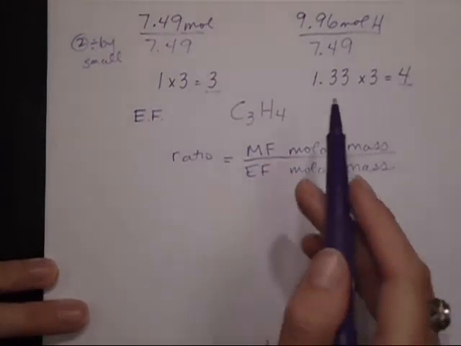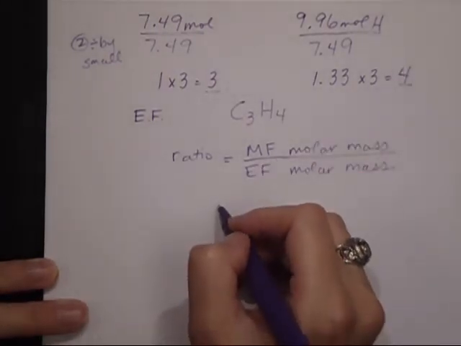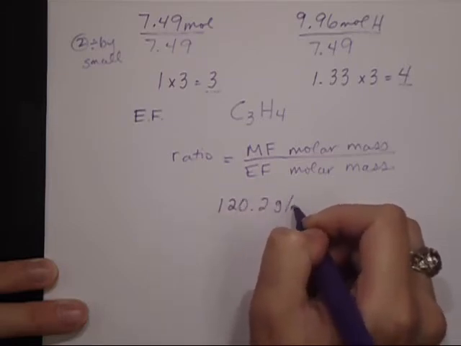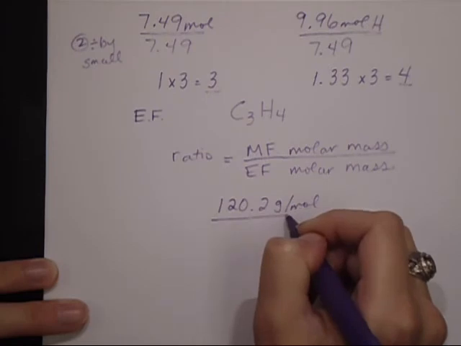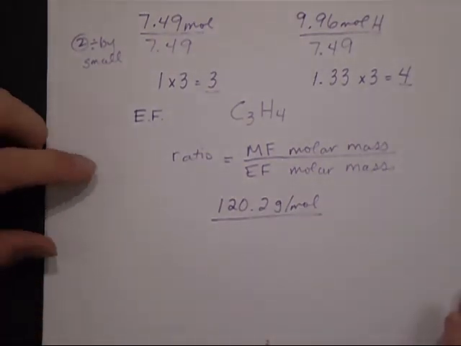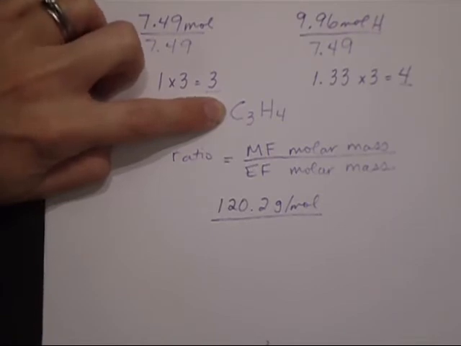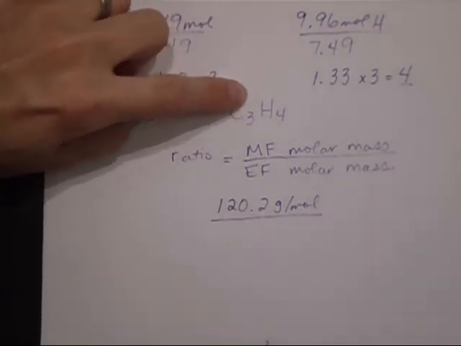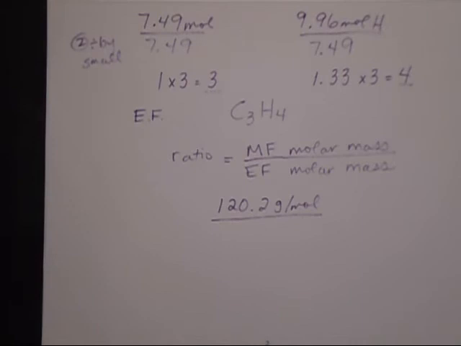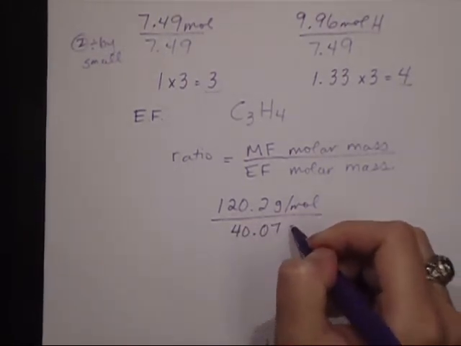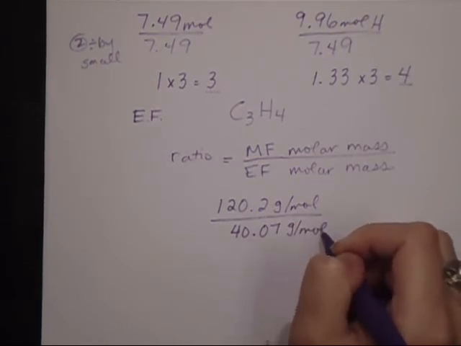So the molecular formula's molar mass was given to us in the problem. That was 120.2 grams per mole. The empirical formula's molar mass, C3, 3 times 12.01 plus 4.04. That gives me 40.07 grams per mole.